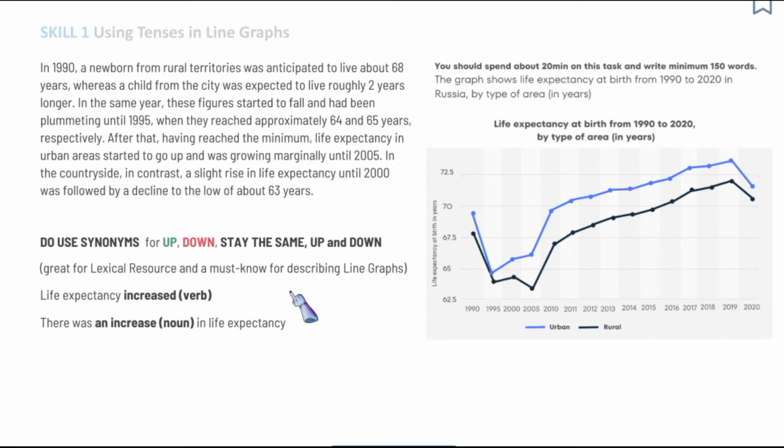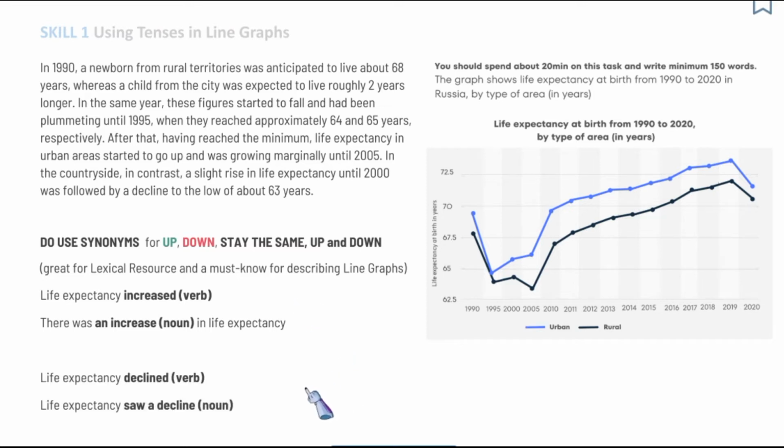So even though we are using the same word, it is still a paraphrasing, because in the first case, increased is used as the verb, whereas in the second case, we're using the noun. There was an increase. Again, it seems that it's the same word, but it is actually not, and we are showing our paraphrasing skills.